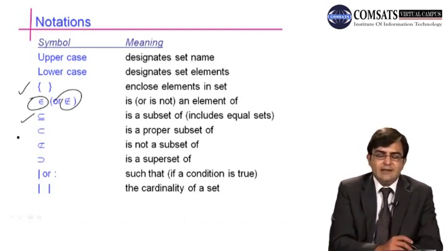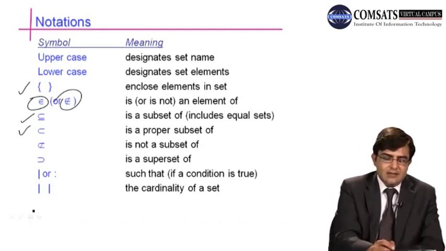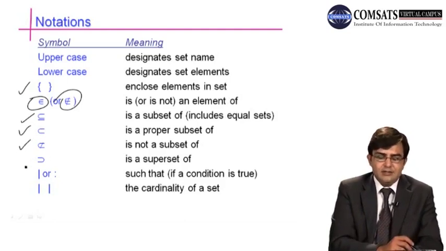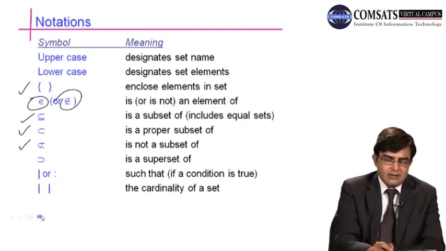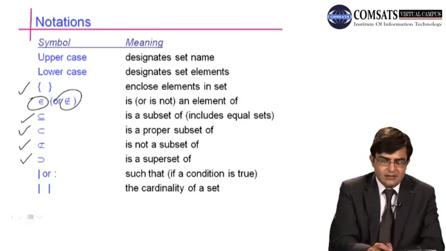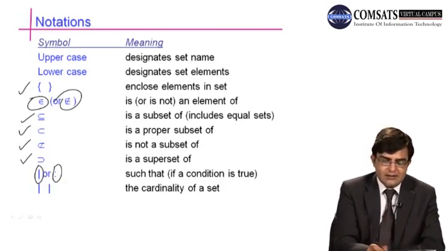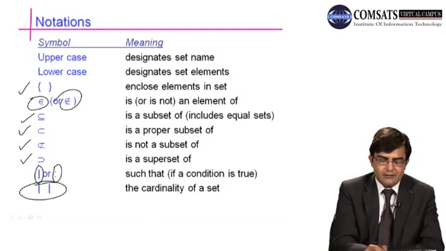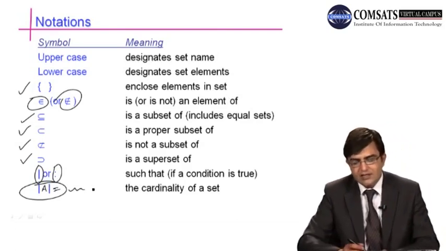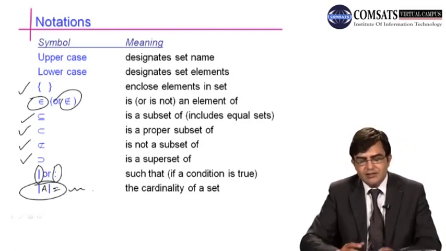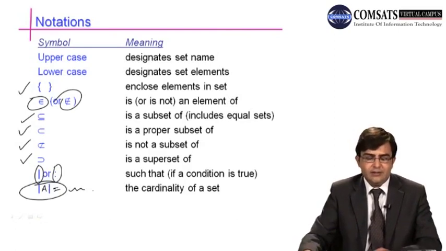This one is particularly used for proper subset. This notation is used for not a subset of. This is a superset of. This bar or symbol is used for such that, if a condition is true, and this notation is used for cardinality. For example, the cardinality of A is the number of elements in that set. So these are the notations we use in set theory.